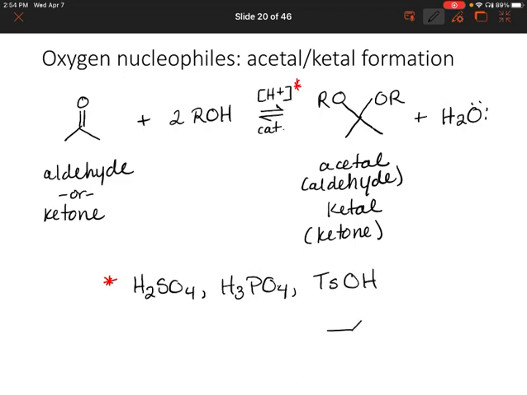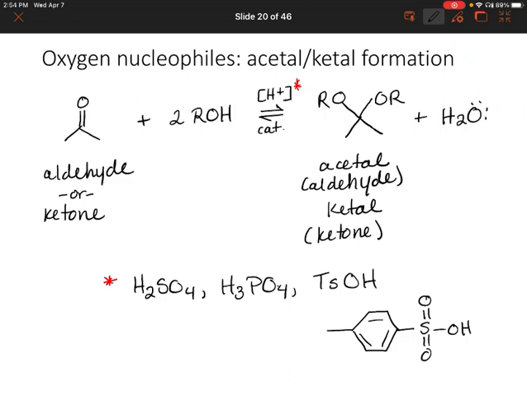And that just looks like the following. And we've used tosyl groups before to make a better leaving group, but you can use this as an acid for your nucleophilic addition reaction too.